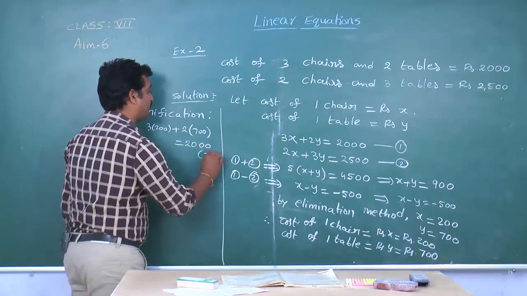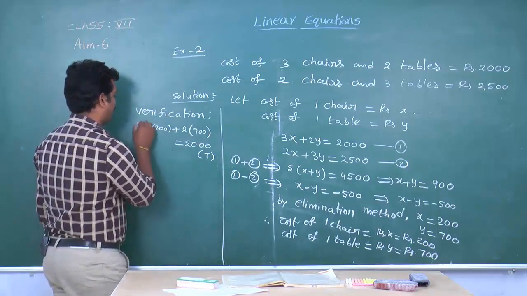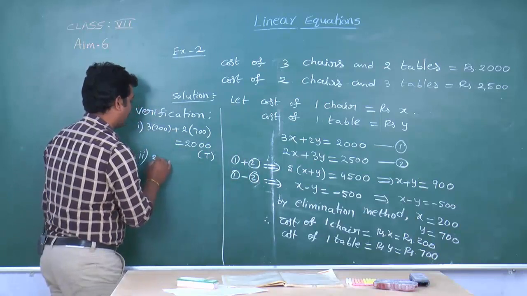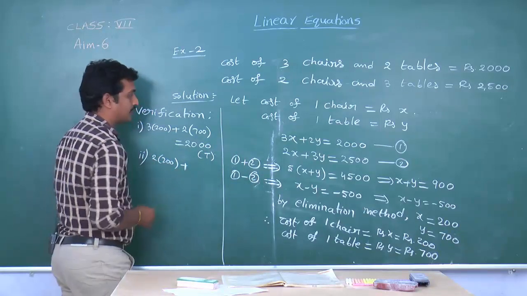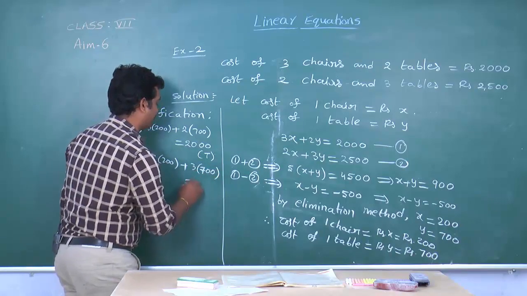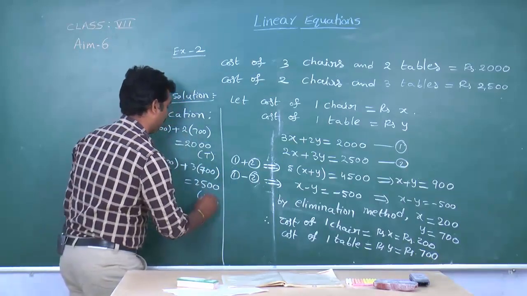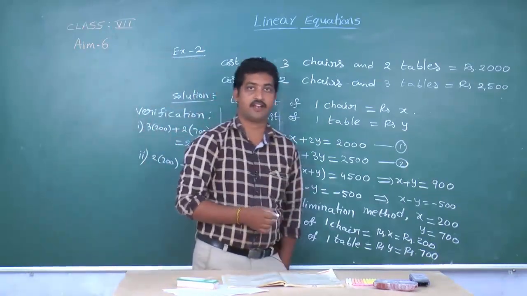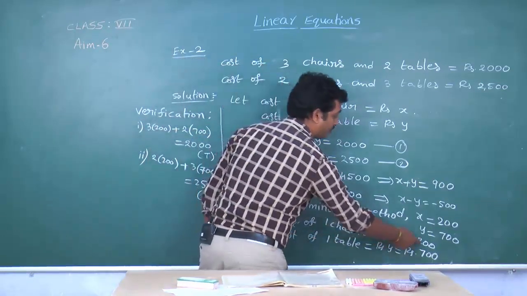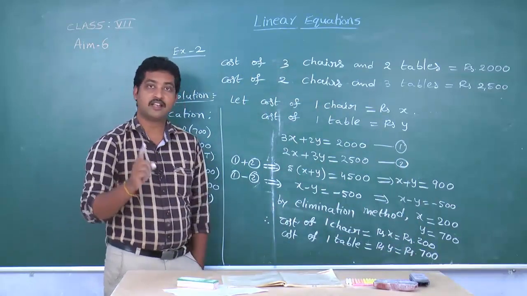Therefore, this is true. Now come to equation number 2. 2 into 200 plus 3 into 700, which is equal to 2500. Therefore, this is also true. Verified. Therefore, the cost of one chair is 200, the cost of one table is 700 rupees.